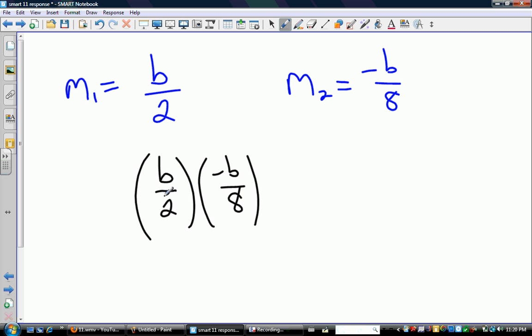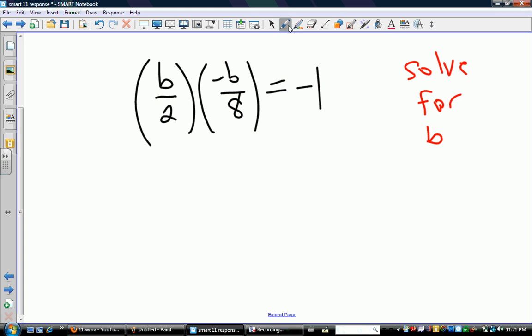So we have slope 1 and slope 2, and we want to multiply them together to get -1. Here's an equation, and the only unknown is b, so now I need to solve for b. I have to do good algebra and try to solve for b in this equation.